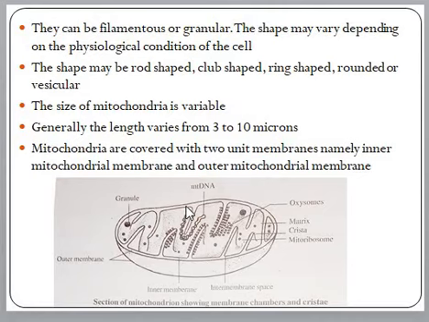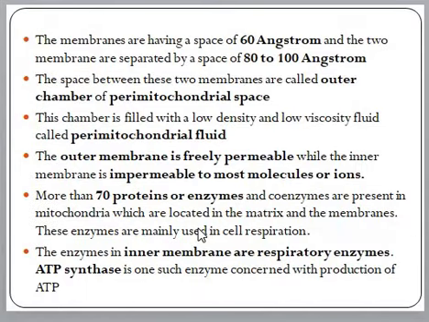These mitochondria have two membranes, an outer membrane and an inner membrane. The outer membrane is called the outer mitochondrial membrane, and the inner membrane is called the inner mitochondrial membrane. These two membranes are lipoproteinaceous unit membranes.